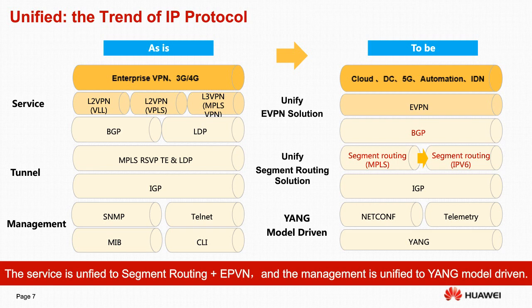So now we can talk about the trends of IP protocol evolution. About automation, I think we know the cost of integration with the NMS or controller is very big.